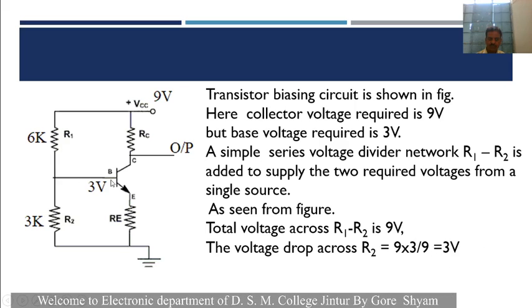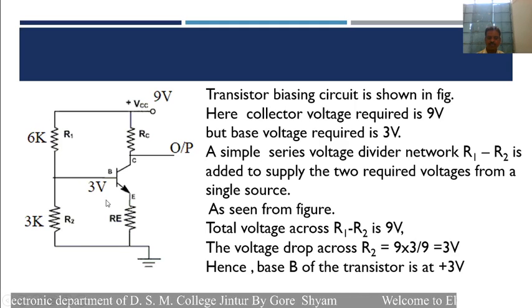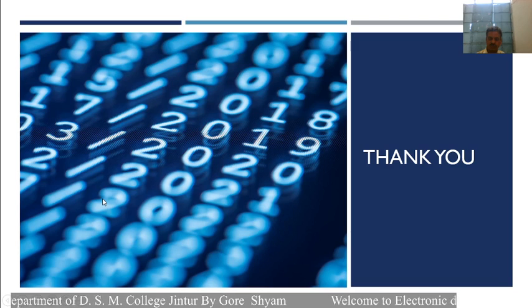Therefore, the voltage for the base is equal to 3 volt. In this way, by connecting these two resistances, we can divide the voltage, and at the base of the transistor, the voltage is equal to 3 volt.